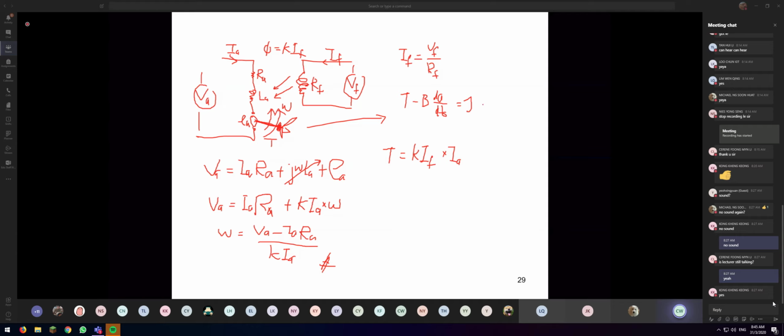So it's J d square delta over dt square. So this is actually the formula about how to calculate the torque and how they can operate according to the speed and also the torque requirement. Okay, so this is what we have about the DC motor.